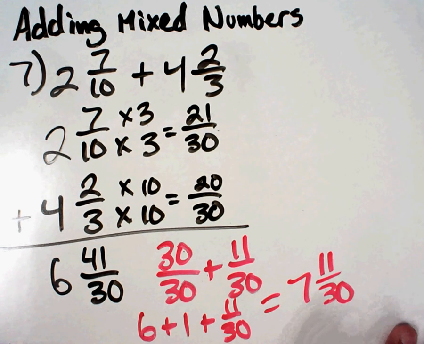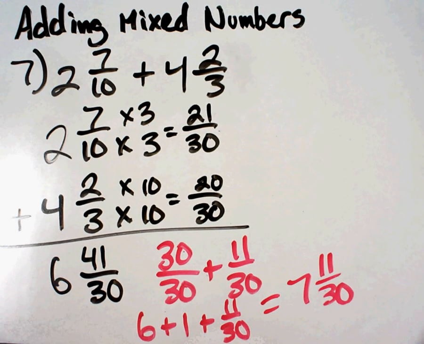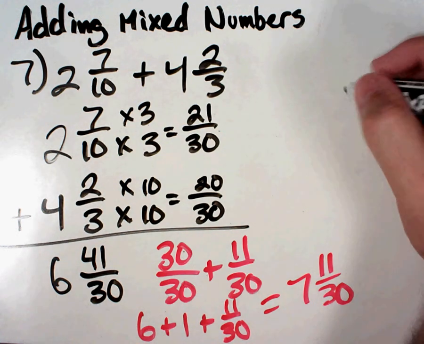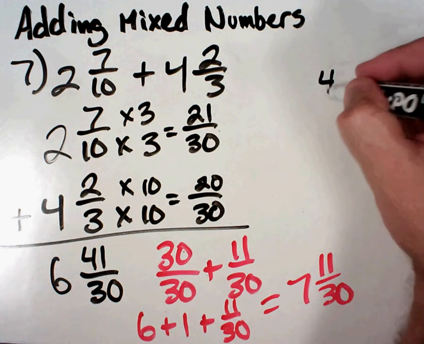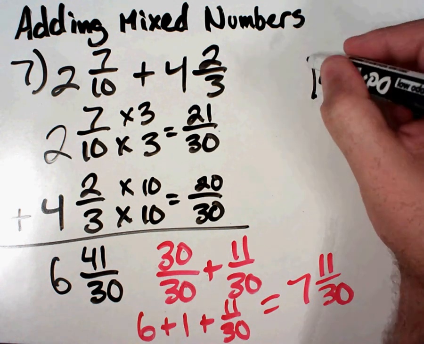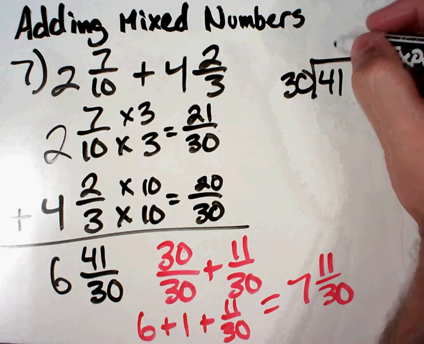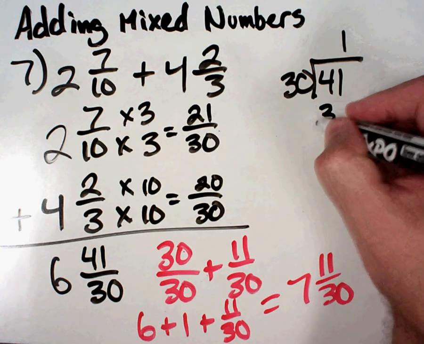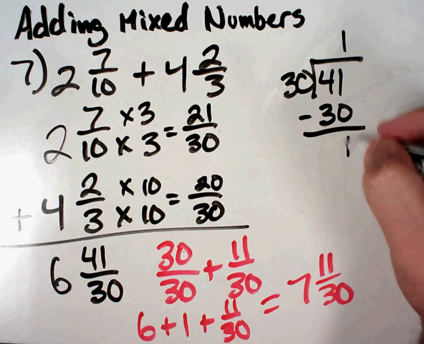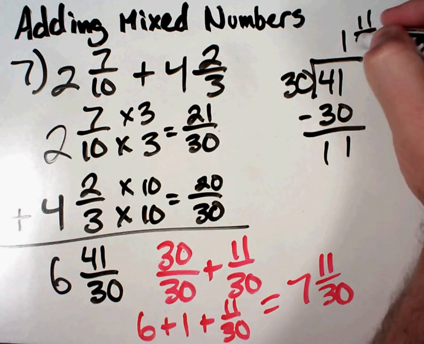And again, if you can do that, just kind of thinking it through like that, that's fantastic. But if you need to do the division, do the division. All right, most of these division problems you're going to be setting up are pretty simple. And you're usually going to get 1 and then some remainder. All right, so 30 goes into 41 one time. 1 times 30 is 30. My remainder is 11/30.